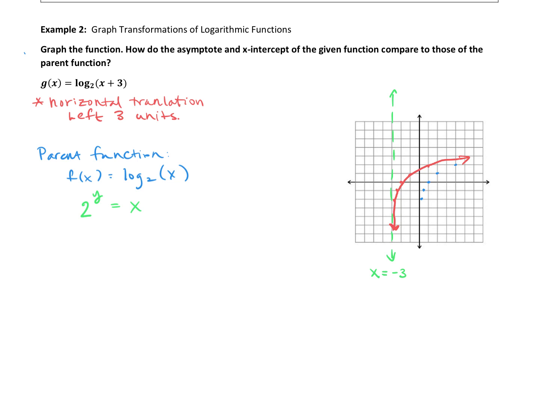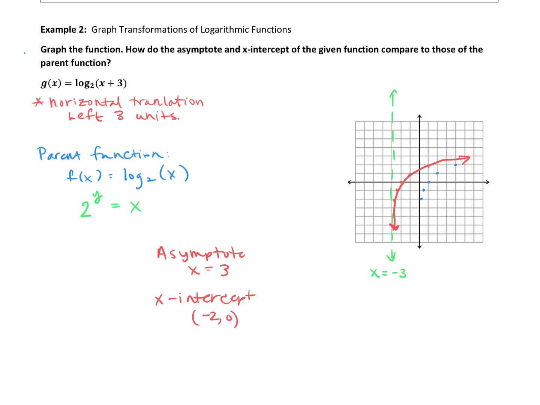So how do the asymptote and x-intercept of the given function, the red one that I just drew in, compare to those of the parent function? Well, the asymptote is, we just wrote it over there, x equals -3. And then the x-intercept changed because it got shifted to the left 3 units, it is, let's see, -2, 0.